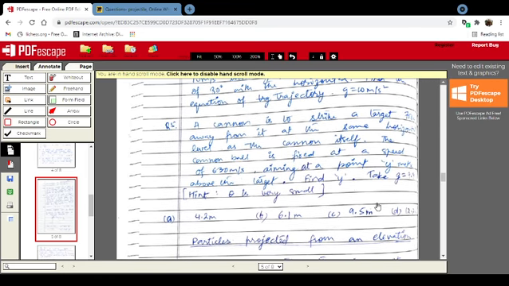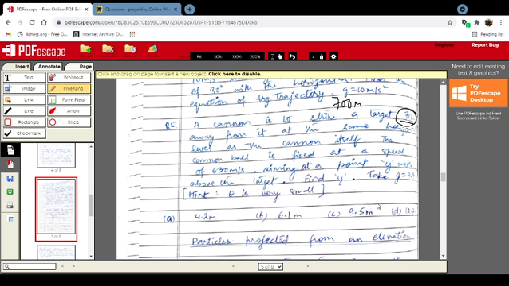So this is a big one. A cannon is to strike a target 700 meters away from it, at the same horizontal level as the cannon itself.